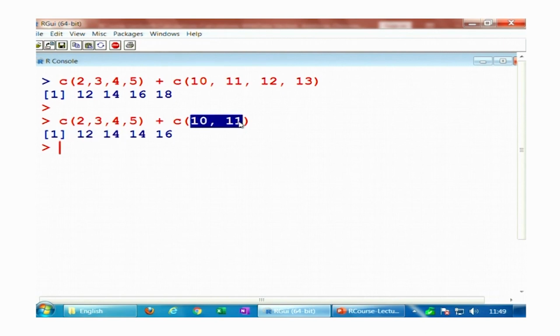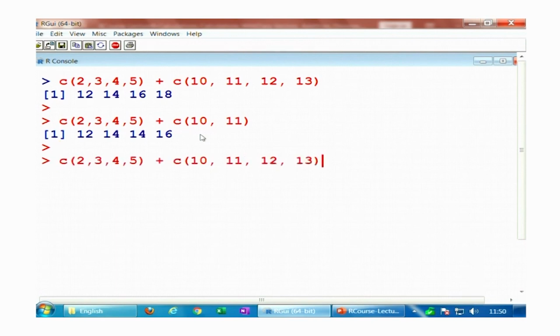Now 10 and 11 come here to the third and fourth element in the data vector 1, and then 4 and 10 are added to give you an answer 14, and 5 and 11 are added to give you an answer 16. So, this is how things happen.